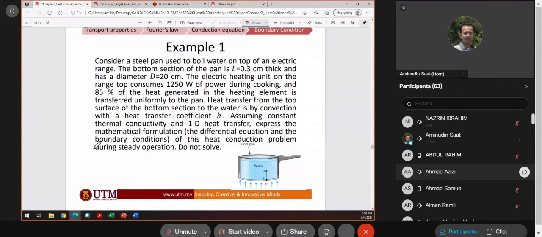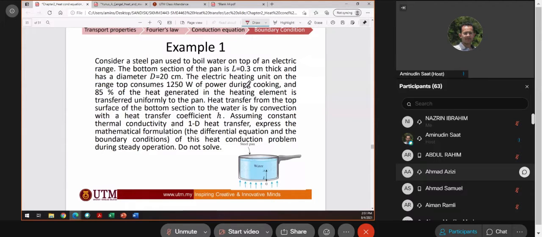So this example is about a steel pan used to boil off water on top of an electric range. An electric range is an electric cooker, an electric stove.